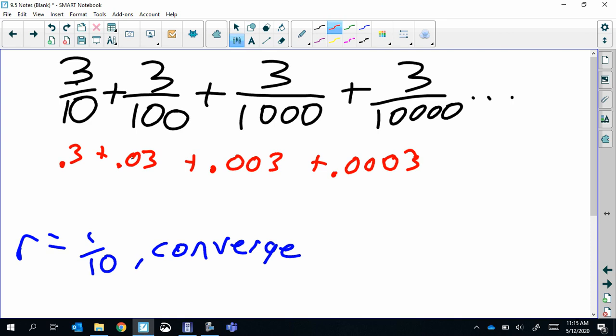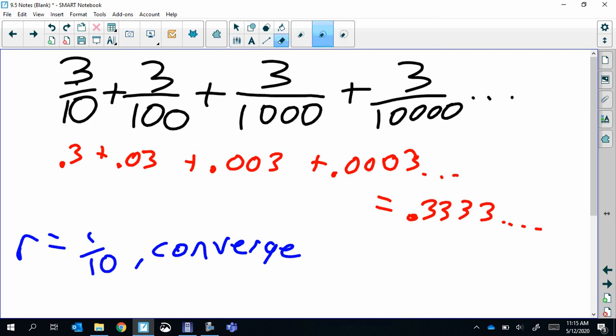Well, this 3 is going to line up with all zeros. This 3 is going to line up with zeros and the rest of them. So what that actually is going to equal is 0.3, and then 3, 3, 3, and so on. The further we go out, the more 3's we add on. And just from your knowledge of repeating decimals, you should recognize that 0.333 repeating is 1/3.